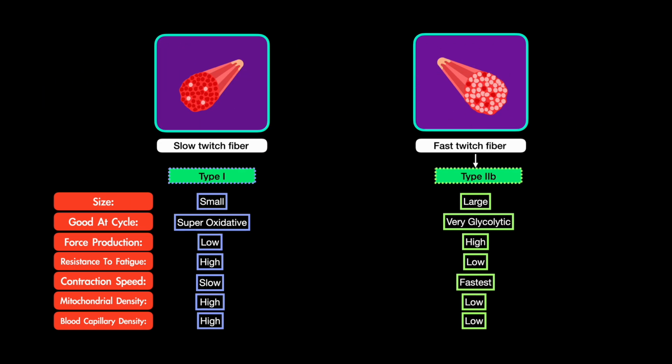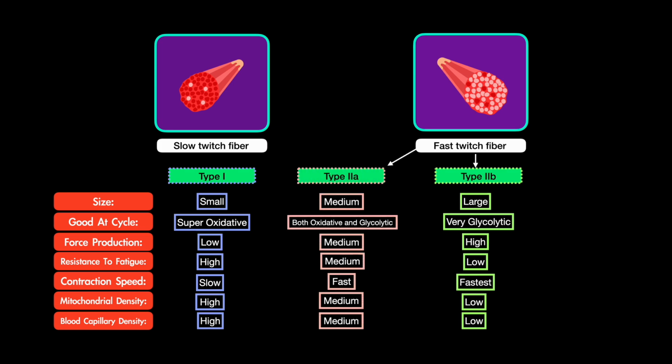In between these two muscle fibers, we have one more fiber type, type 2A. You can think of this as the medium of both. Type 2A is fast twitch fiber in nature. Examples for people who tend to have more of these fibers are the swimmer and rower.